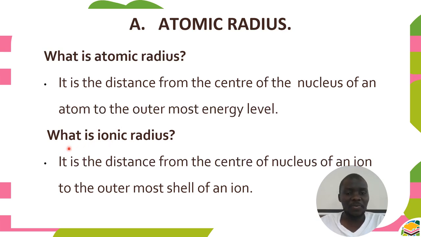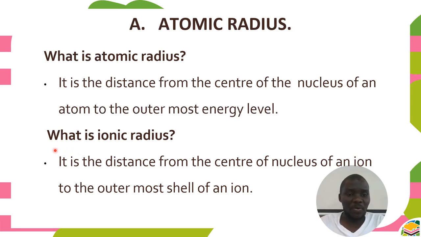So in Form 1 we learned about a neutral atom. In a neutral atom, we said it has an equal number of electrons and protons, and a neutral atom does not have a charge, because the positive charge, which is protons, and the negative charge, which is electrons, cancel one another. And an atom can be charged.